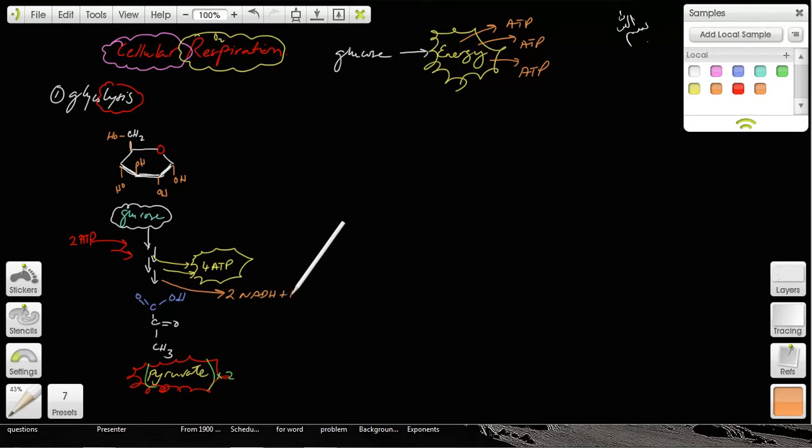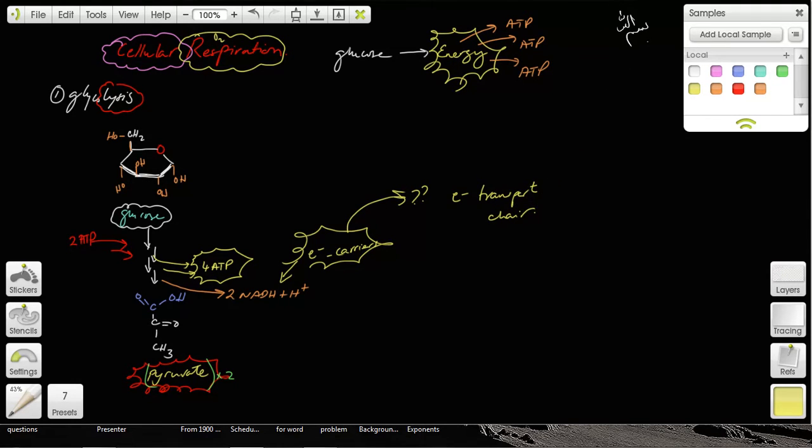NADH plus H plus. Now, NADH, we have seen a related molecule when we were talking about photosynthesis, the NADPH molecule. These are very similar molecules, and these are electron carriers. In other words, they take high energy electrons and carry them. Carry them where, you would say? Well, to the electron transport chain.